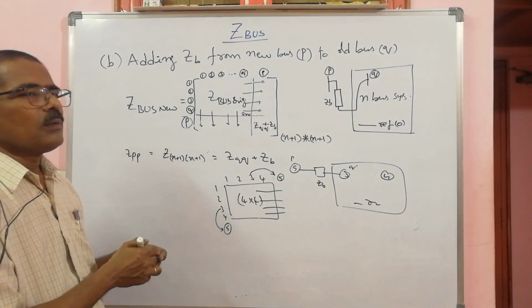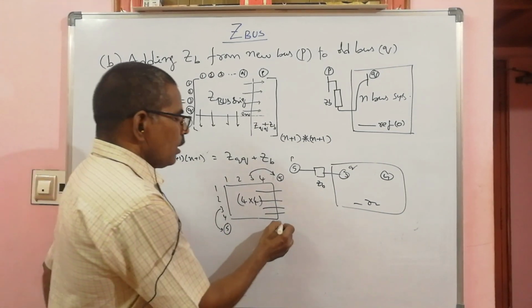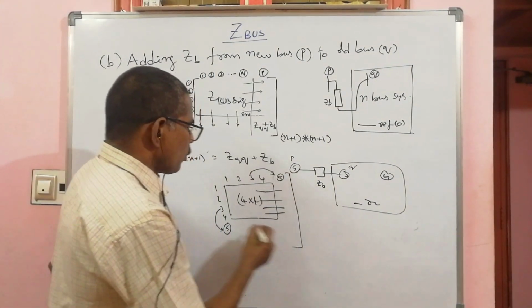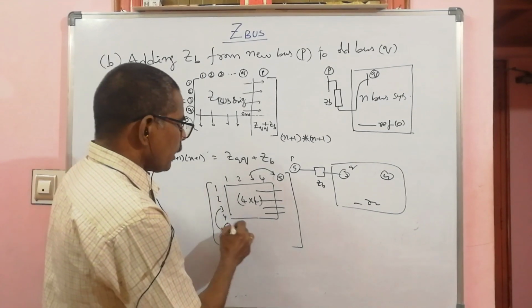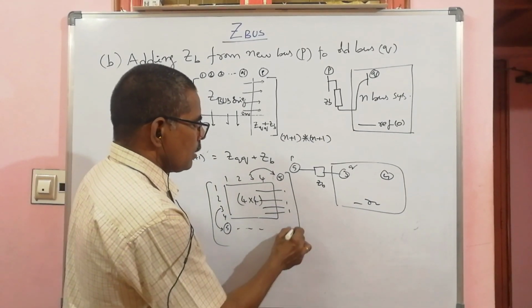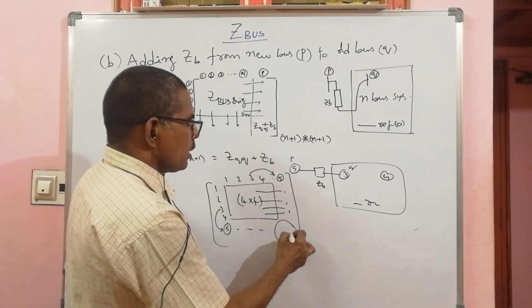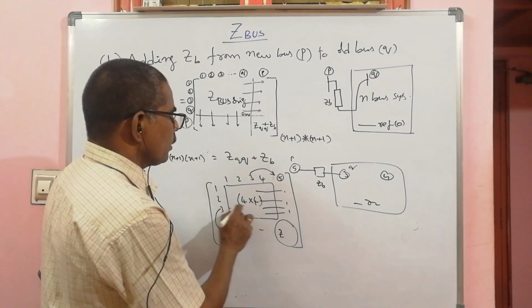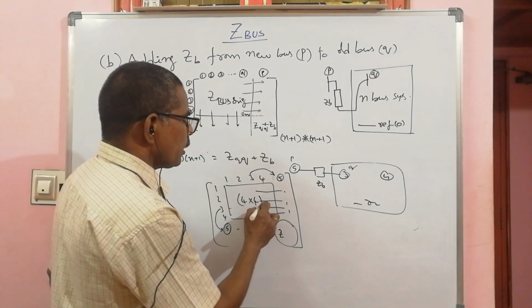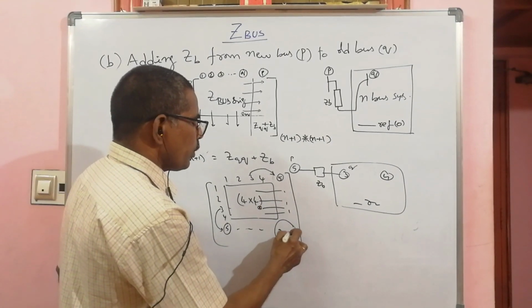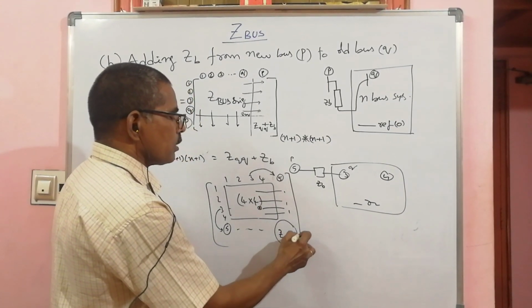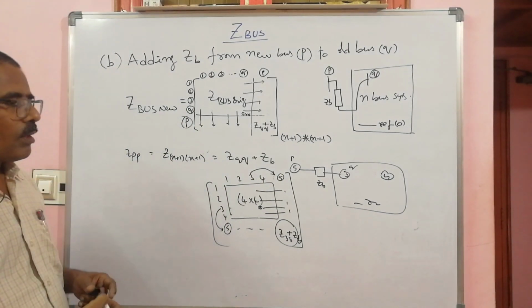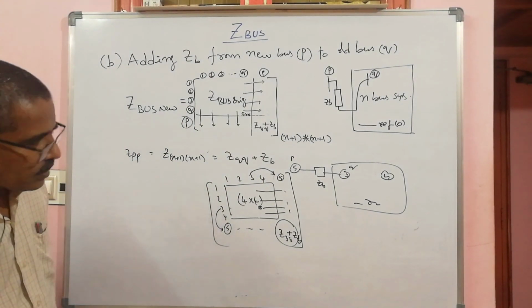Then the diagonal. This is your new bus. The diagonal is ZQQ, that means Z33, plus ZB. That is this. This is the second case.